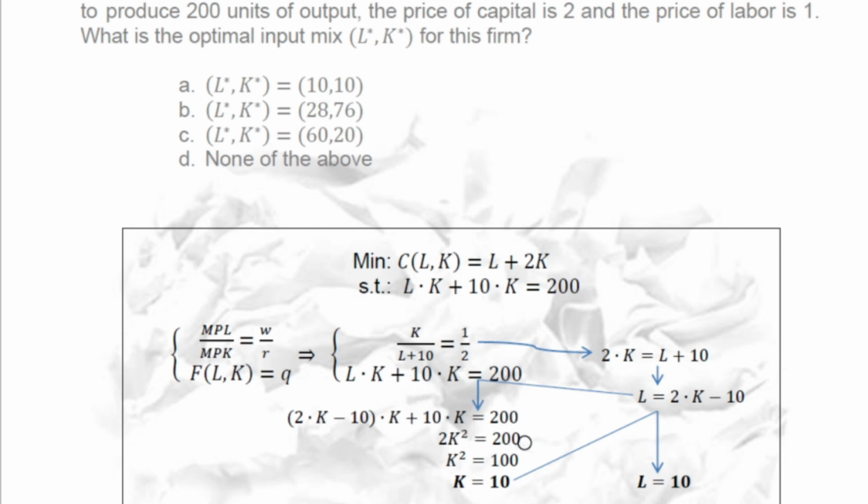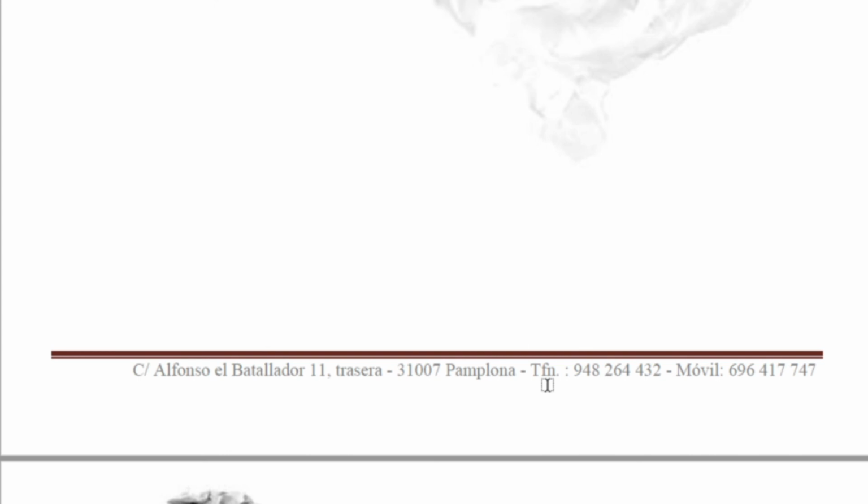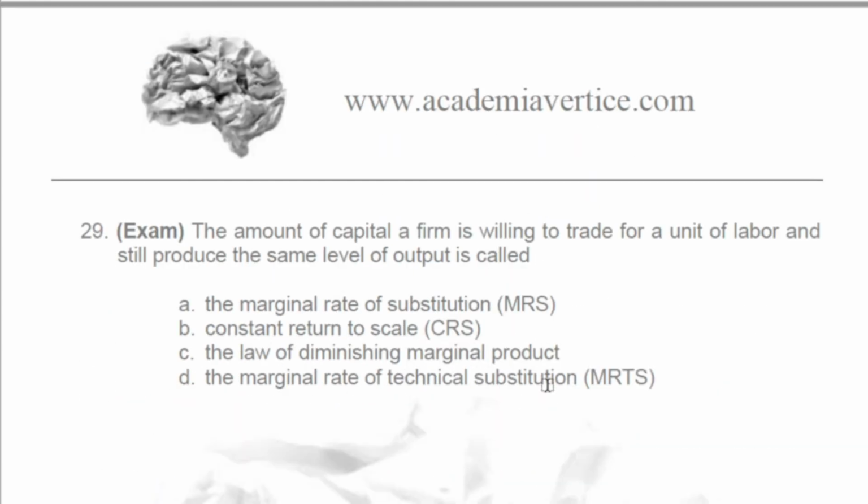Then 2k squared equal to 200, then k squared equal to 100, then k equal to 10. And if k is 10, we go back to L and find that it also must be 10, 20 minus 10. So 10, 10 is the optimal input mix. Remember that we never prove that they are in fact minimums or maximums.